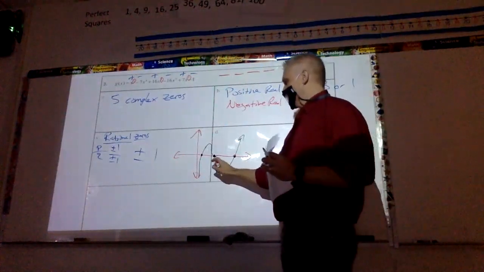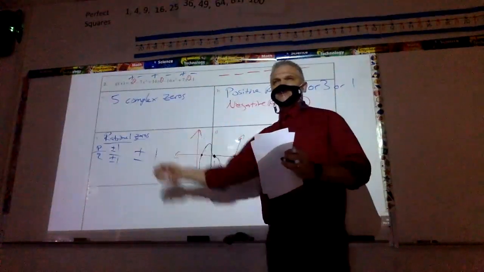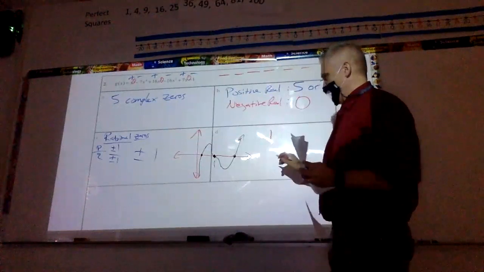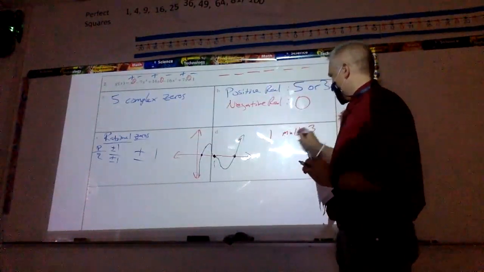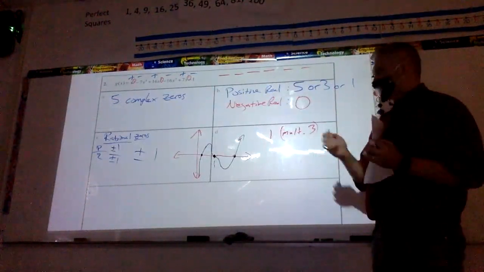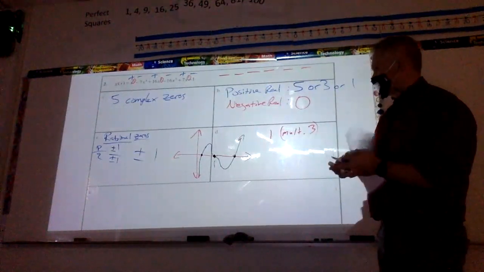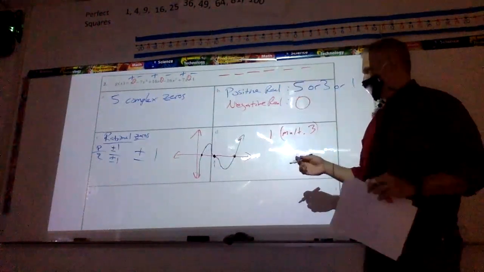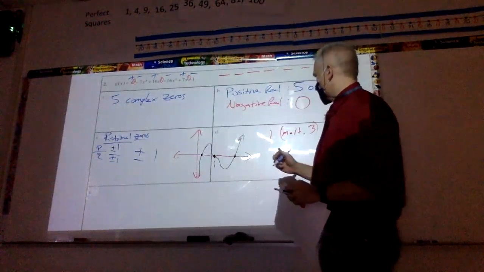So I know that 1 is the only possible rational zero that we got here. But from the graph, I know that 1 has a multiplicity of 3. So that's going to be an (x minus 1) cubed. And I also know from this graph that there are two other real positive zeros.